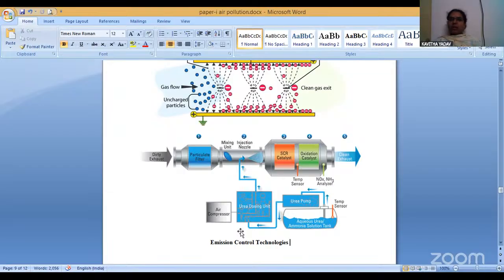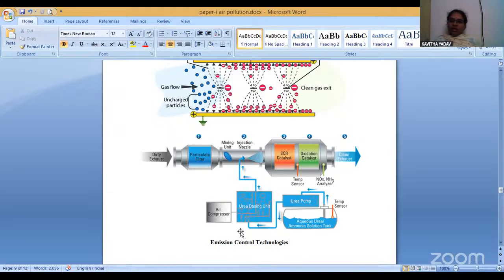That iron has the capacity to hold the dirty exhaust and the catalysts and the reactions which take place in this equipment, and the equipment can support all the reactions.